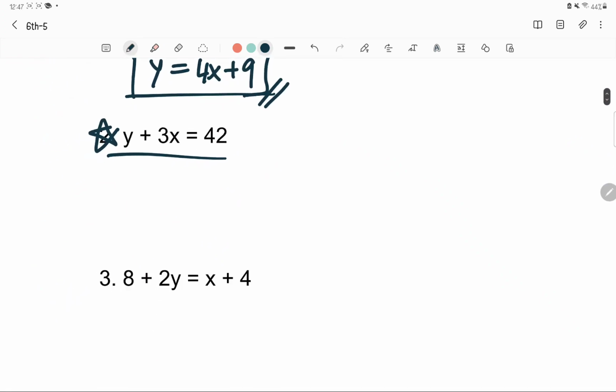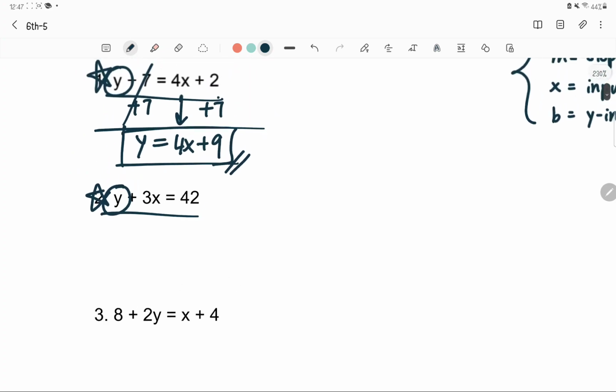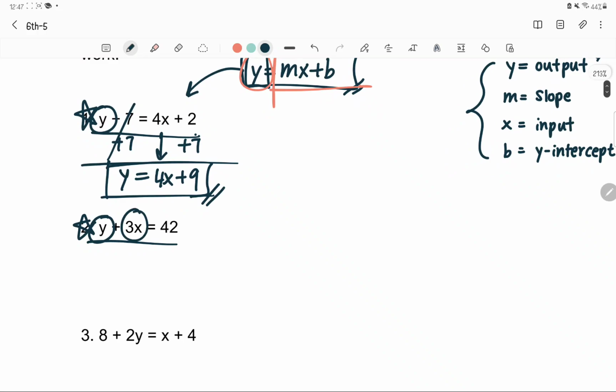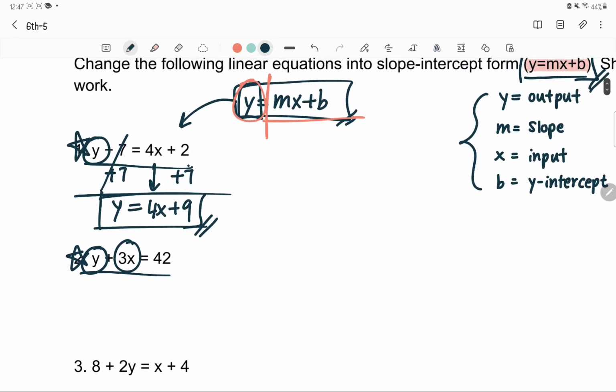Let's do number 2. Like I said, you have to put the y on the left side of the equation. If you look at the left side of the equation, you see this 3x, but x is on the right side of the equation, so you have to subtract 3x on both sides to move the x from the right side of the equation over here.